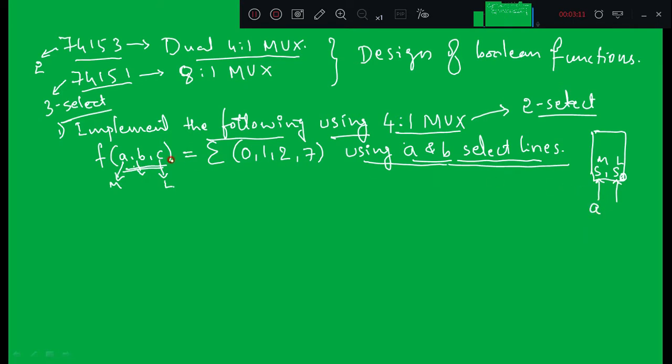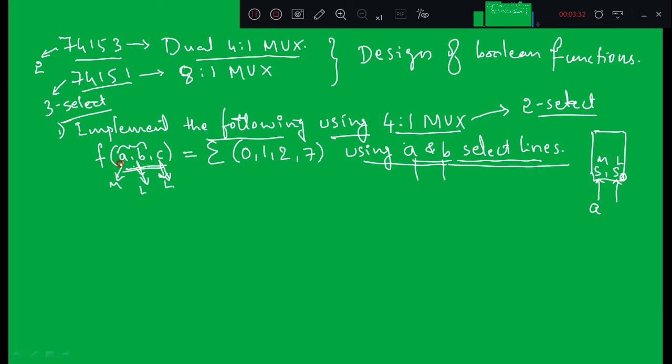C is the final LSB of the given input. But among just these two, A and B, A is MSB and B is LSB.